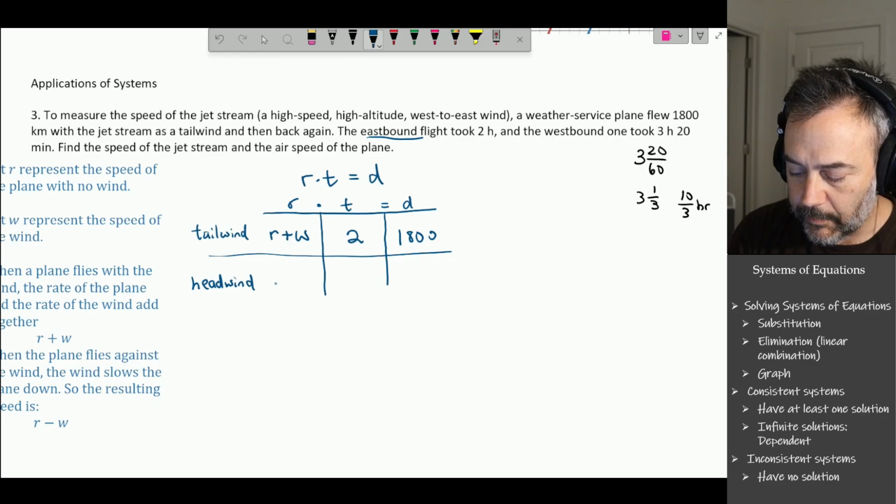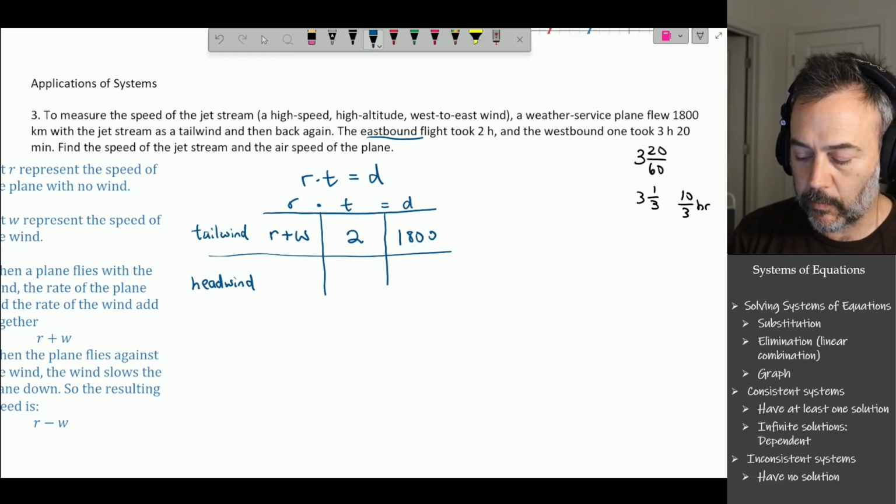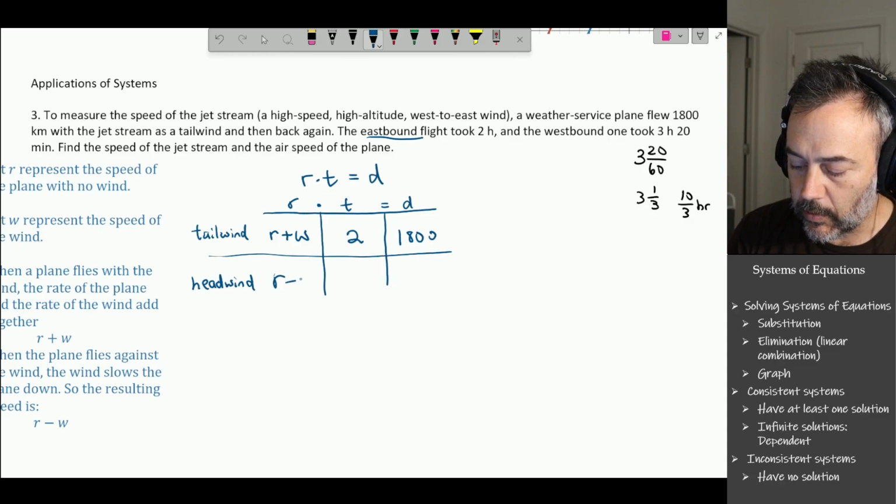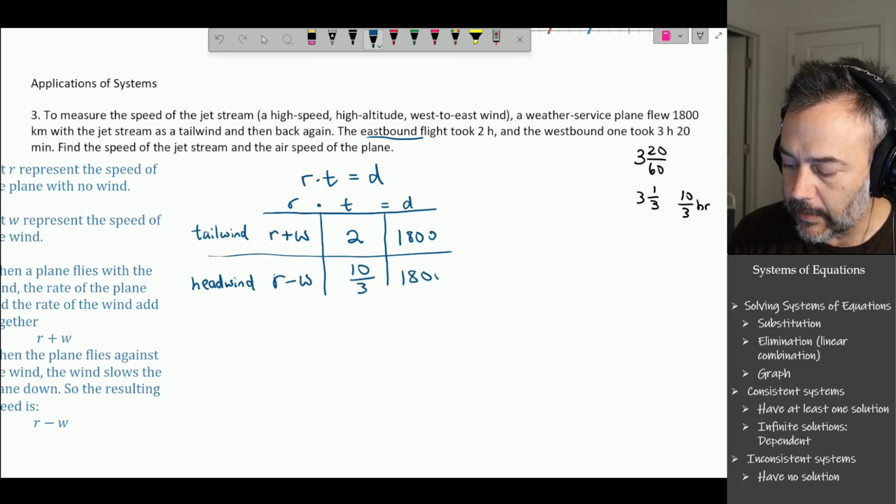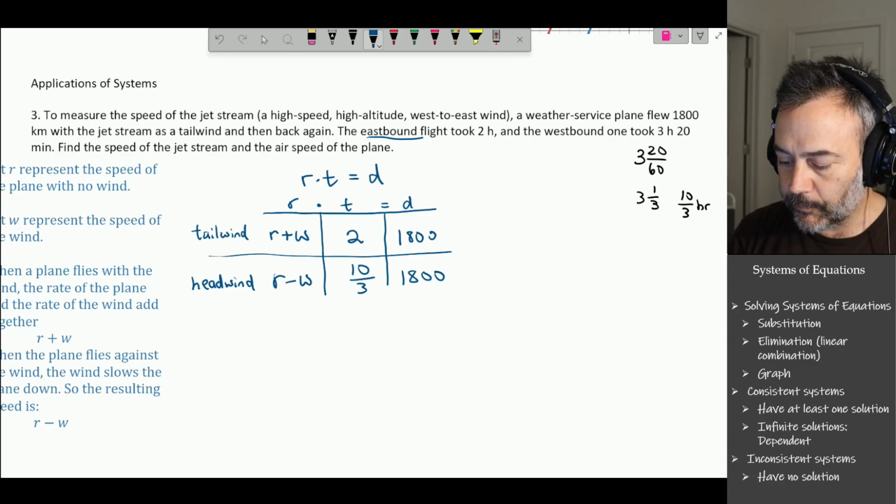And the westbound flight against the wind, with a headwind, was R minus W, and it took 10 thirds hours and it flew the same distance.